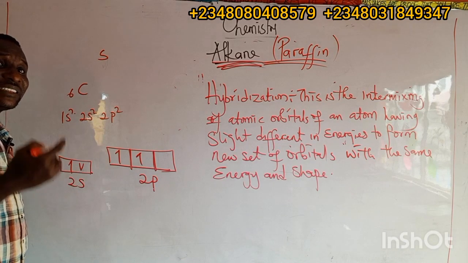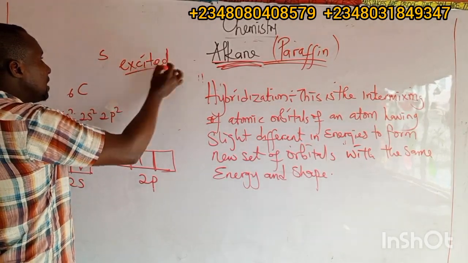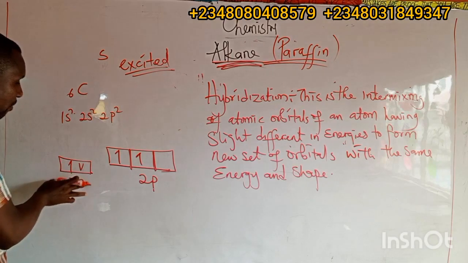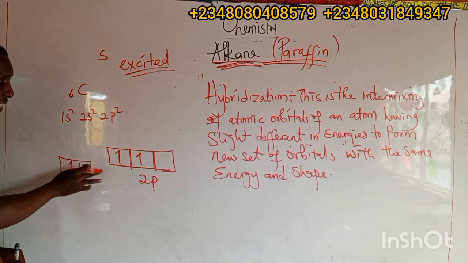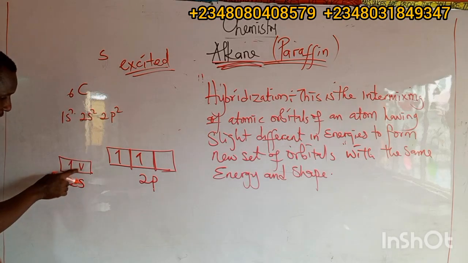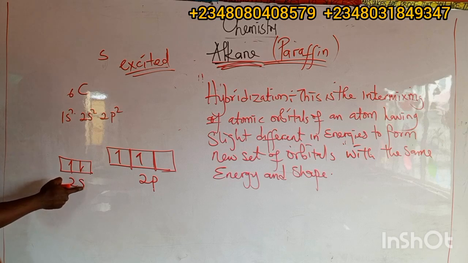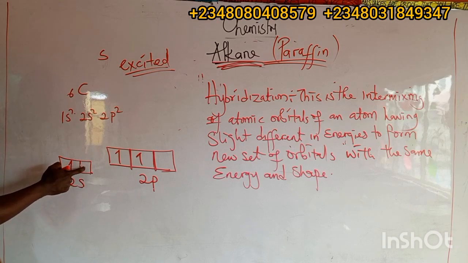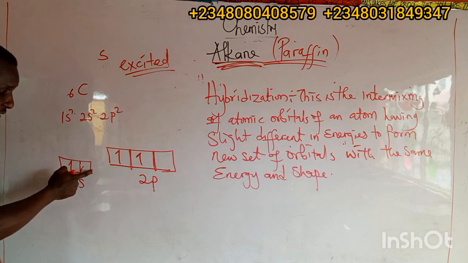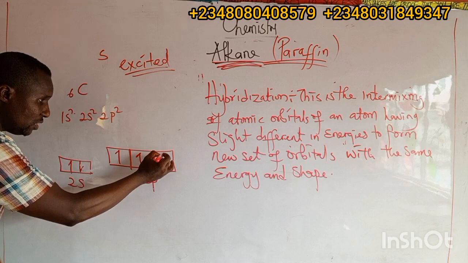Then in the excited state, for the orbitals in this carbon atom to undergo hybridization, one electron from the 2s subshell, from the 2s orbital, from the s orbital in the second energy level, will migrate to this point.